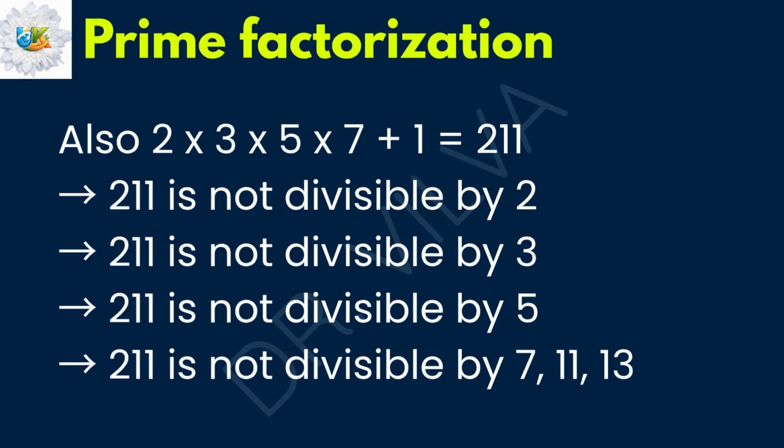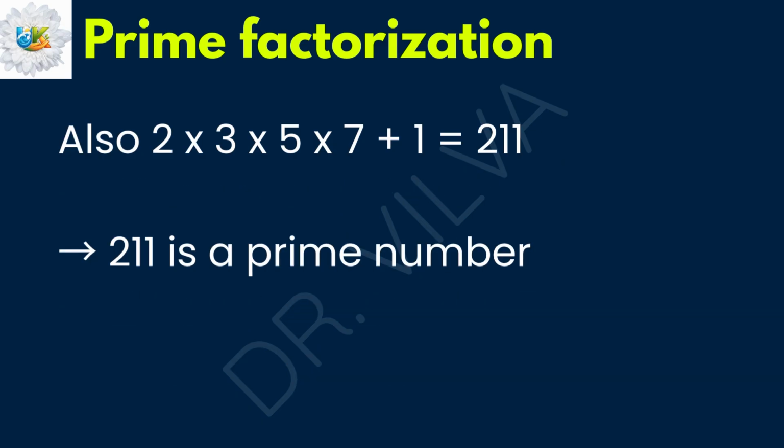Now, quickly check whether it is divisible by other prime numbers 7, 11 and 13. None of them divide 211 perfectly. Therefore, we will conclude that 211 is a prime number because it has only two factors, 1 and 211.